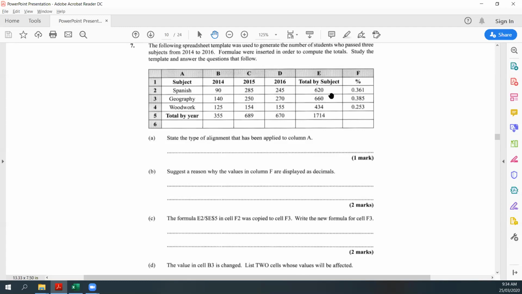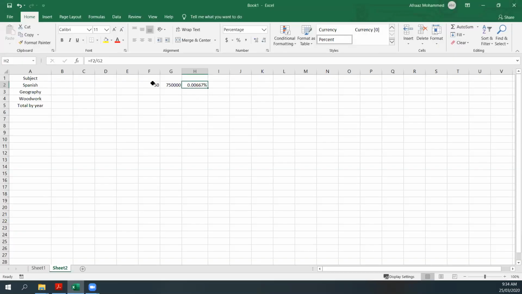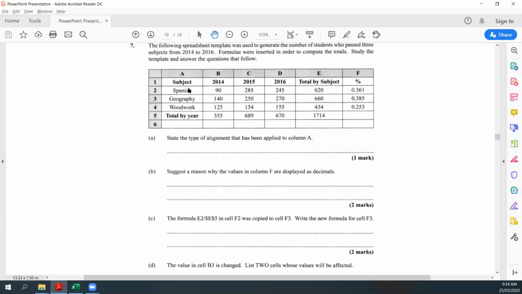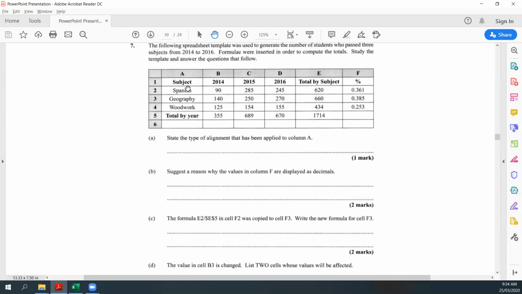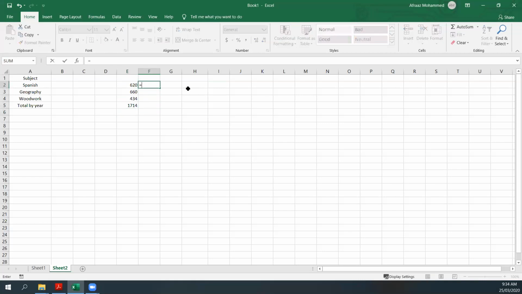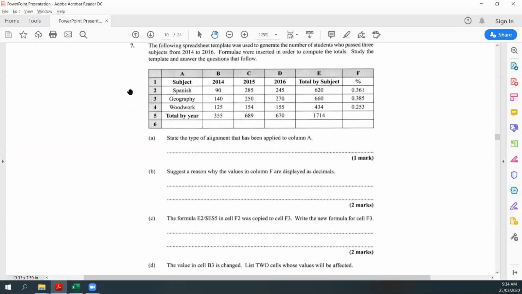E2, E5, that's 620, 660. Right. So in F2 you have E2 divided by $E$5.